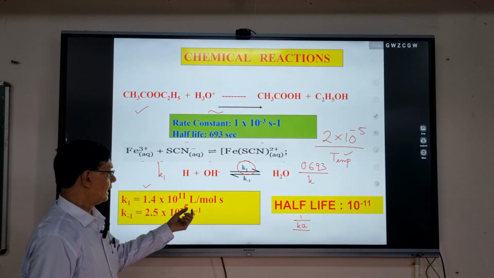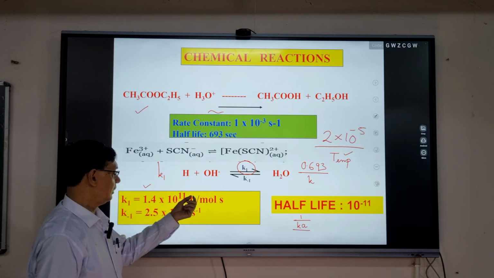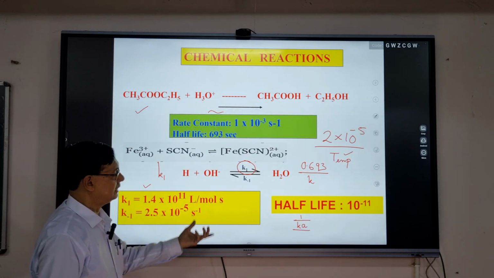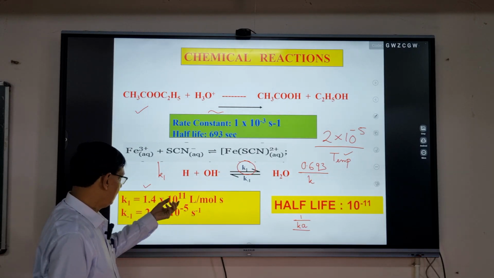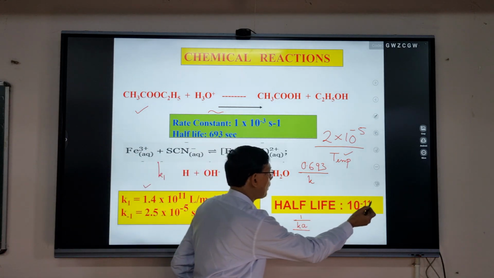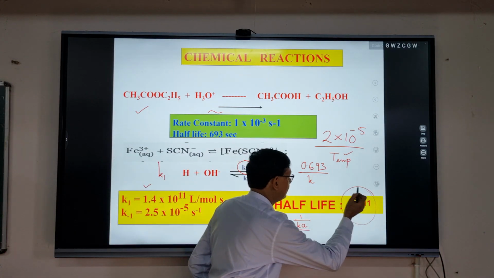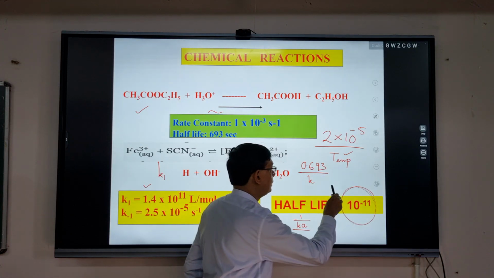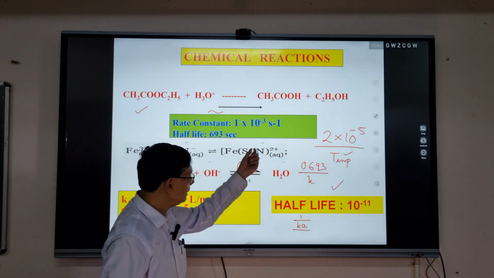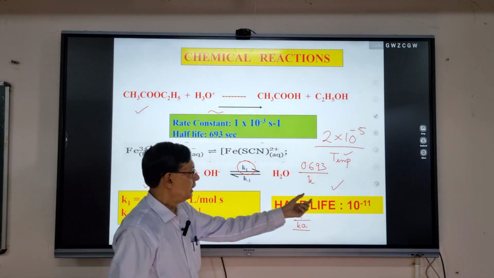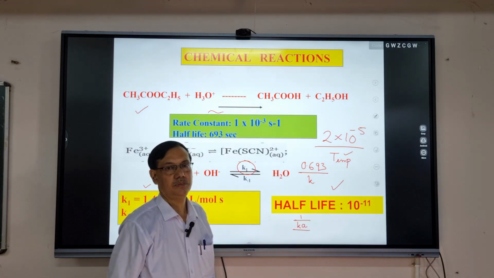So if I calculate for these second order reactions, whether it is 0.1 or 1, it will be approximately 10 to the power 11. So you just compare 10 minutes, 10 seconds, and 10 to the power minus 11.